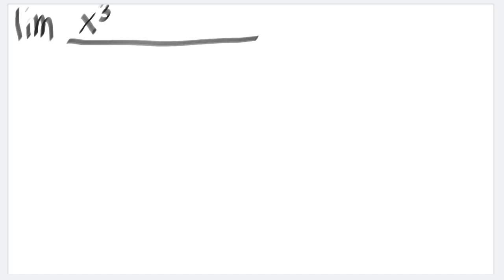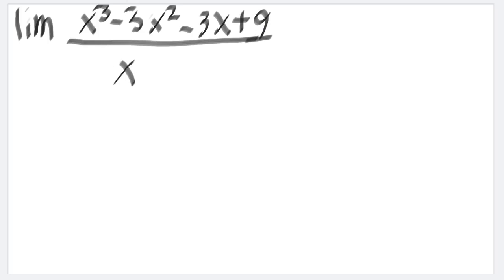So we have here the limit of x cubed minus 3x squared minus 3x plus 9 all over x squared minus 9 as x approaches 3.